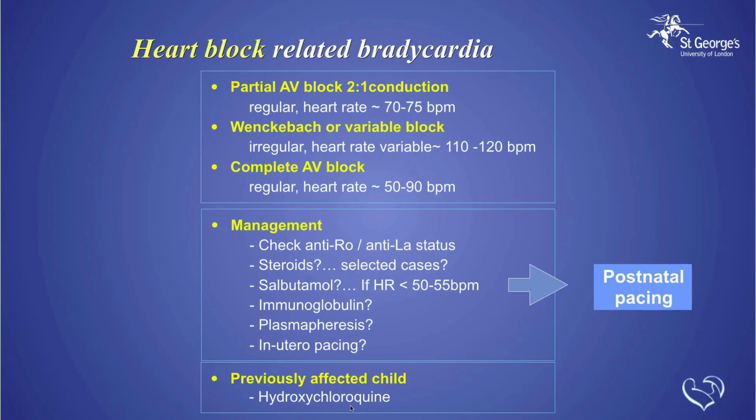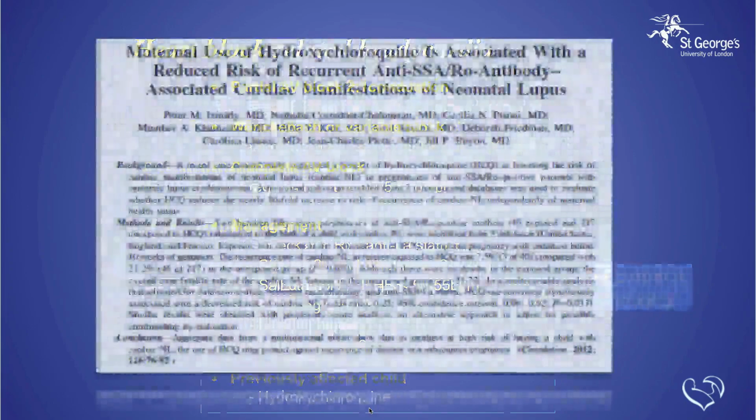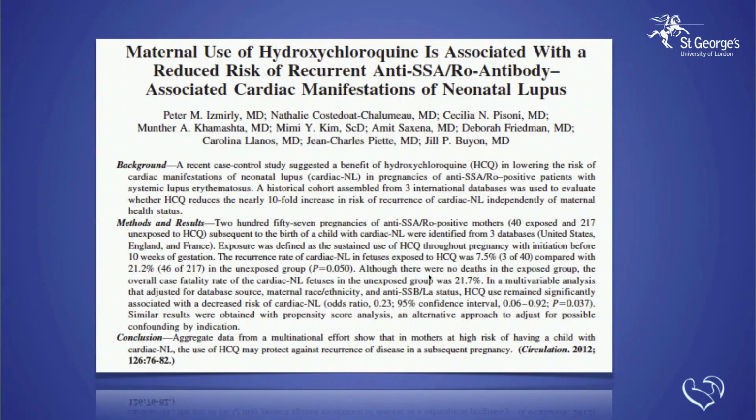So if there is a history of a previously affected child, you do need to speak to your rheumatologist and consider giving the mother, if she's planning a pregnancy, hydroxychloroquine to try and prevent or reduce the risk of recurrence of heart block. That is a paper that, if you haven't seen, is worth looking at, because it's kind of the beginning. Particularly Gilles Bouillon, who is the senior author there, has done a lot of work on heart block and all the studies on hydroxychloroquine as a prophylactic for recurrence.